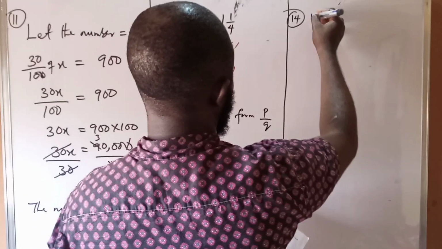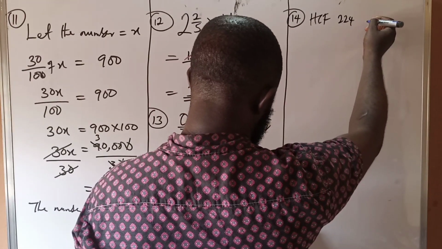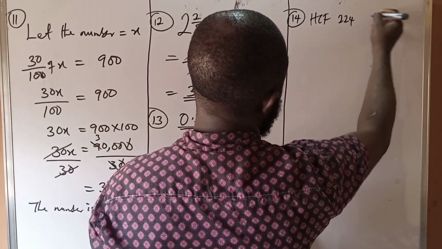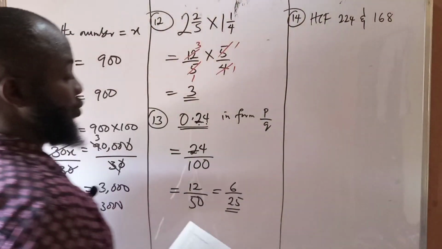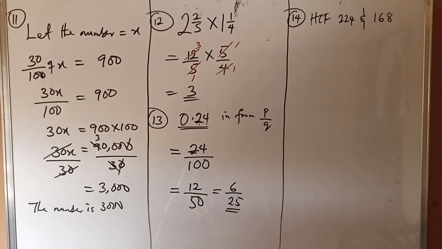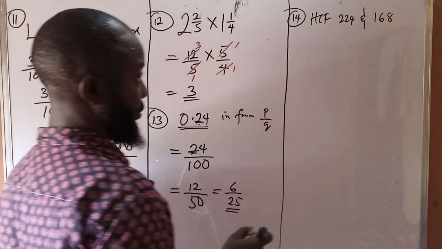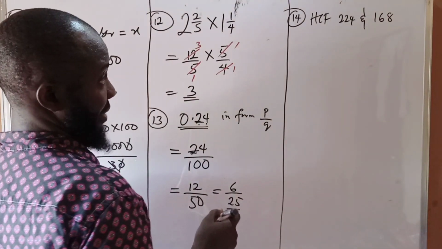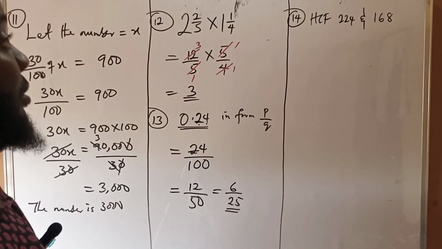Finding the H.C.F of 224 and 168. Since what we are solving is objective, the best way is to express each of these as products of their prime factors in index form. That's the prime factorization method.